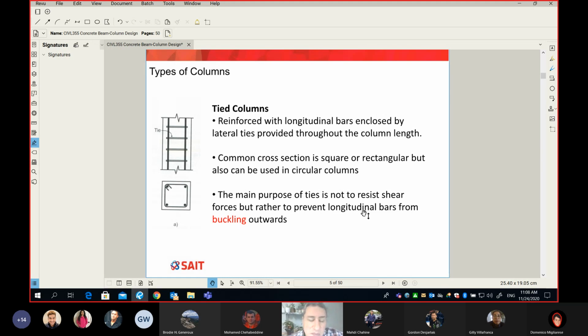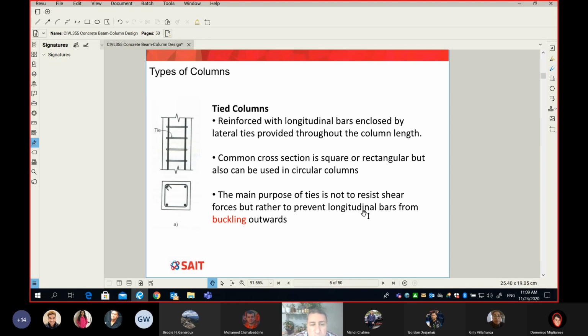As we said before the break, we talked about the importance of ties in the column, and I'm iterating this one more time. So here I have my square column, and you can see the ties. The ties are spaced at a spacing that we will discuss later on.